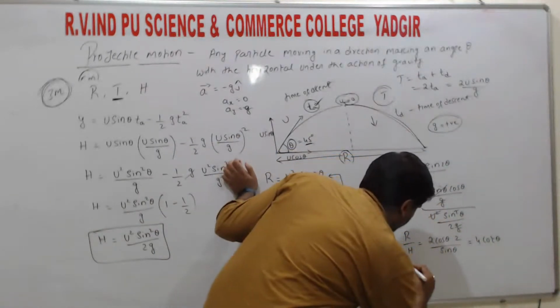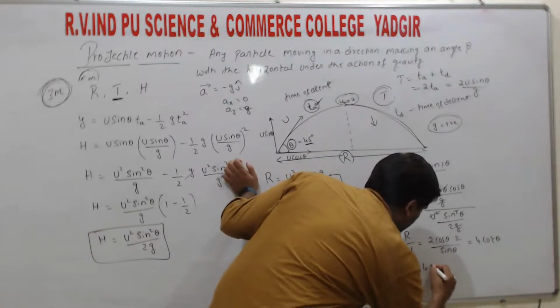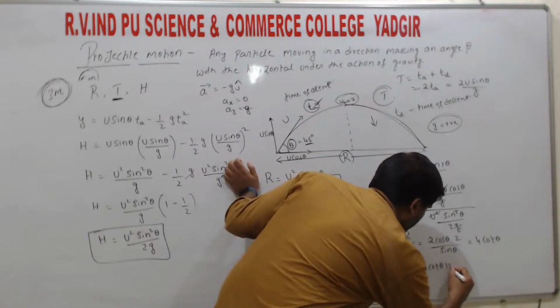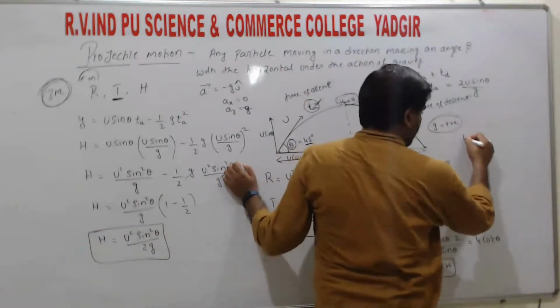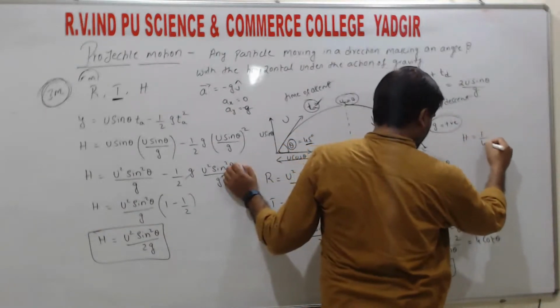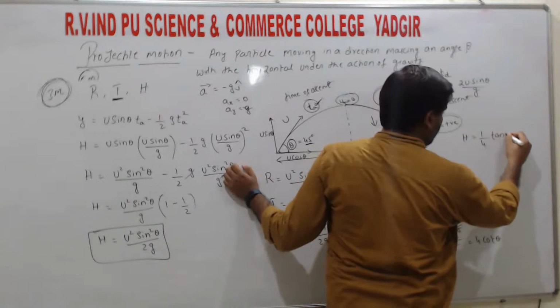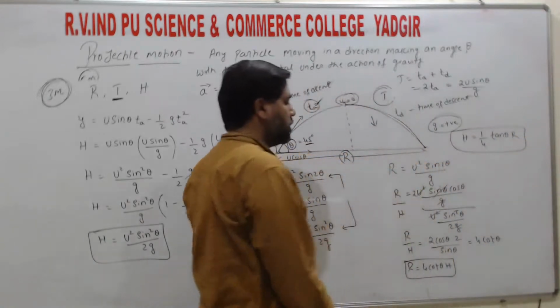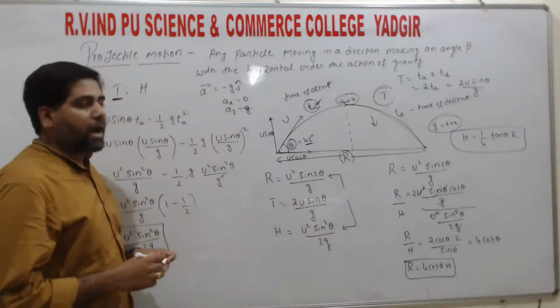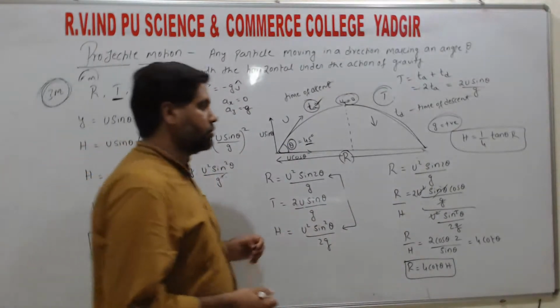So we can write r is equal to 4 cot theta into h, or h is equal to 1 by 4 tan theta into r. So this gives the relation between height and range.